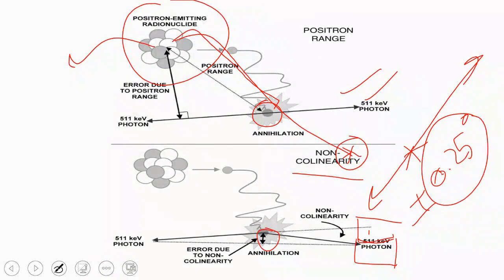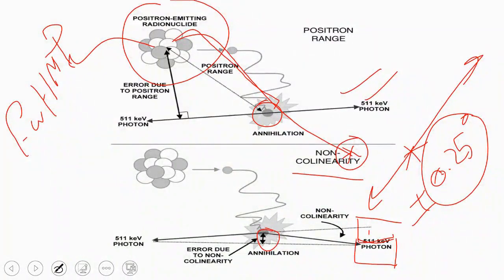It assumes a 180-degree angle and draws a line, indicating where the event occurred. This reduces your resolution, meaning it increases the full width at half maximum, FWHM. The larger the FWHM value, the lower your resolution.